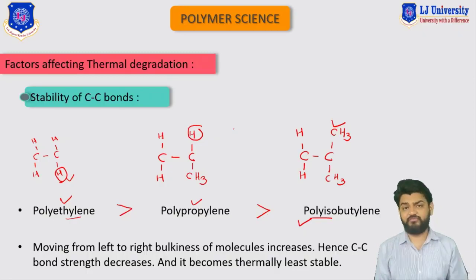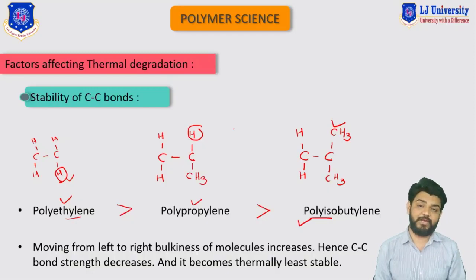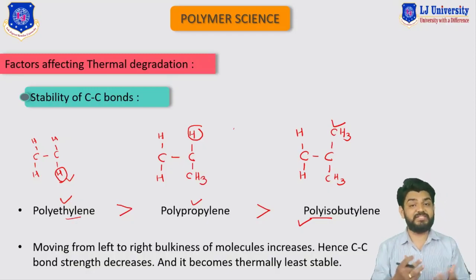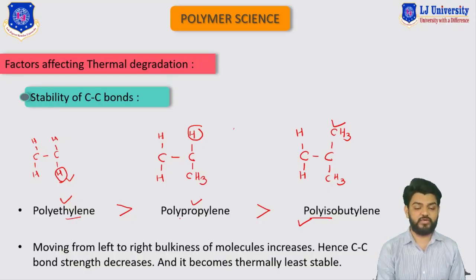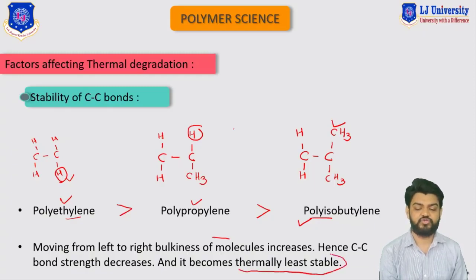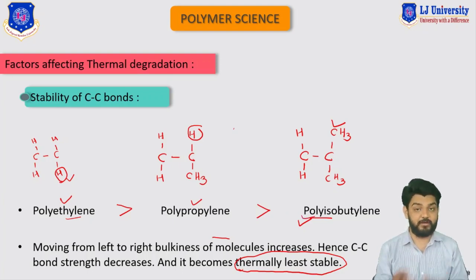Because of this decrease in carbon-carbon strength, the polymer becomes less thermally stable. You can see on the screen that the polymer which has the highest bulkiness is thermally the least stable. So polyisobutane is the least thermally stable.